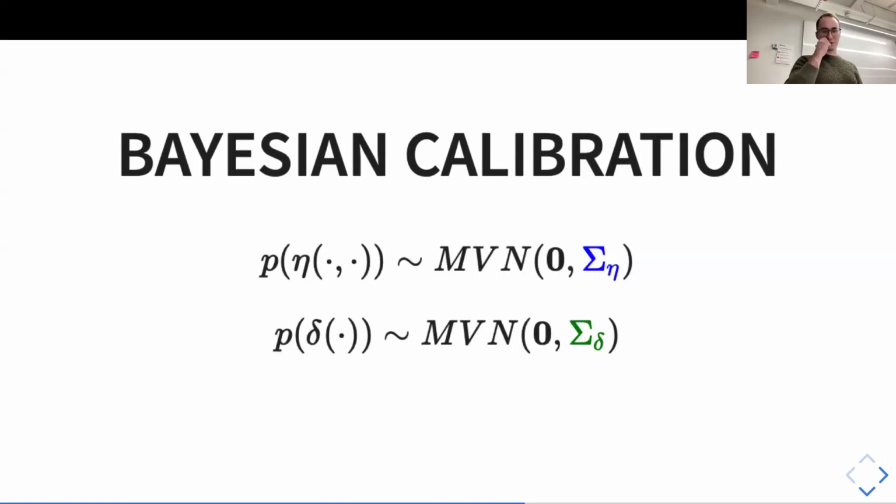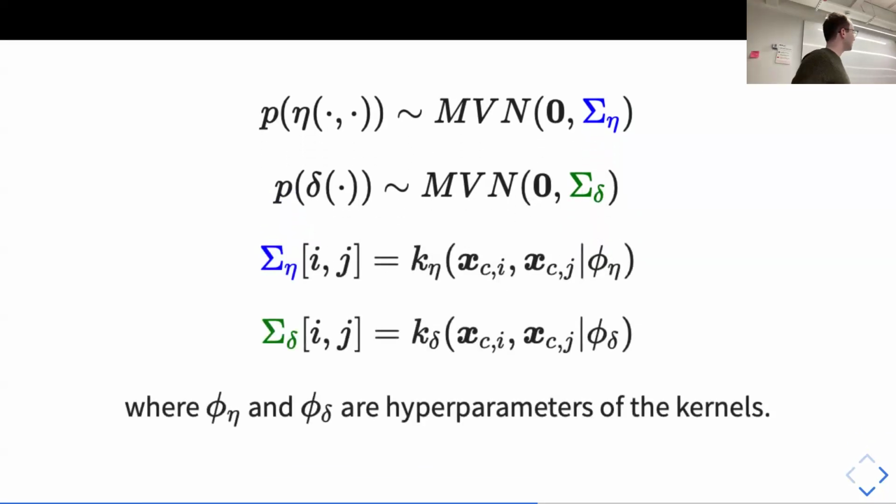Okay, some more equations coming, I'm sorry. Multivariate normals. In this particular case, I'm just going to define them as 0 everywhere. Whether that is sensible or not, and whether that's suitable for your application will vary. In this case, it's just a choice I've made, but perhaps not a good one. We also need to define the structure for these covariance matrices, sigma eta and sigma delta. And in this case, as we've seen, these are matrices, so each pointwise element of this matrix is given by a specific covariance function.